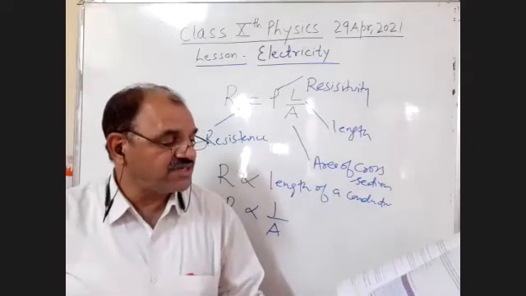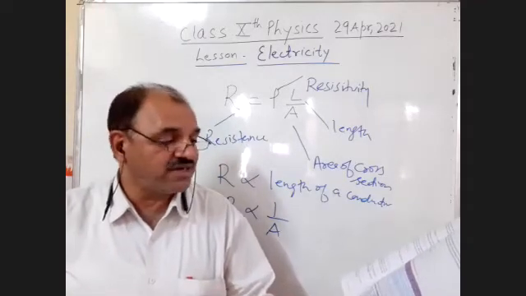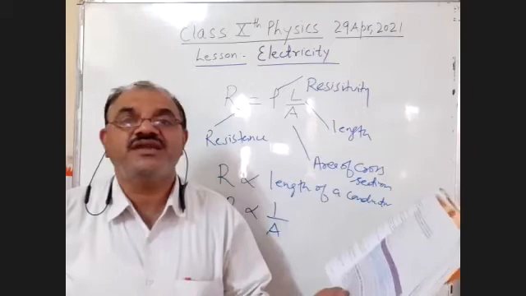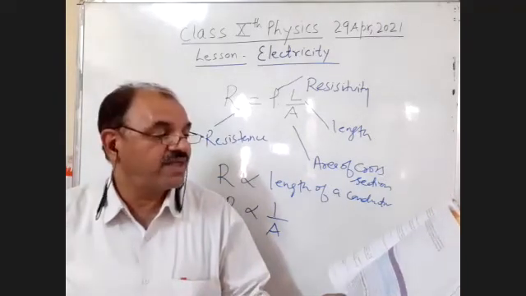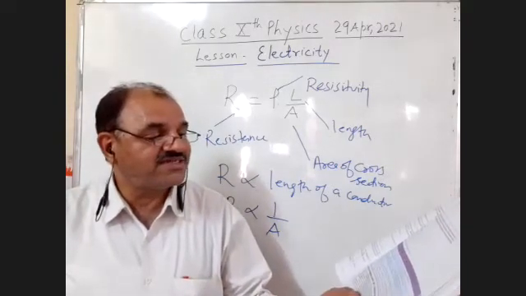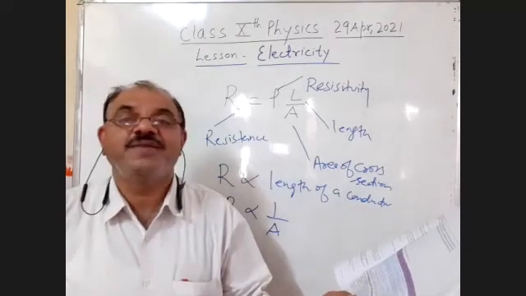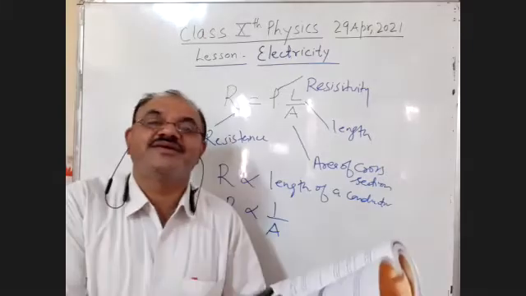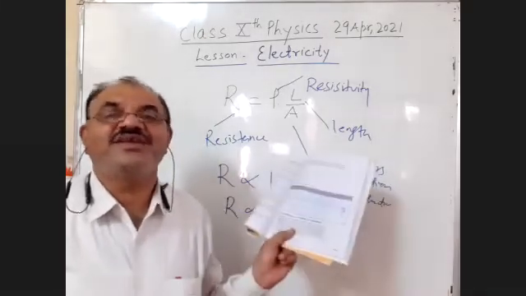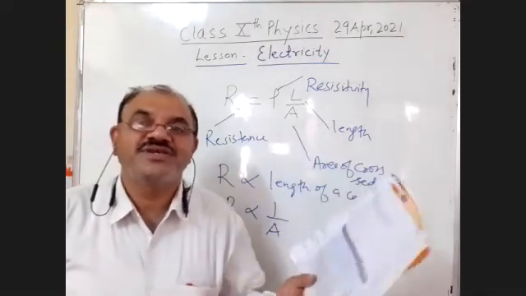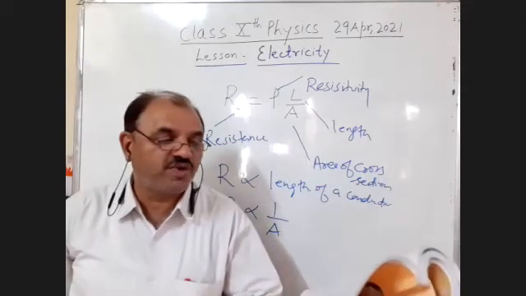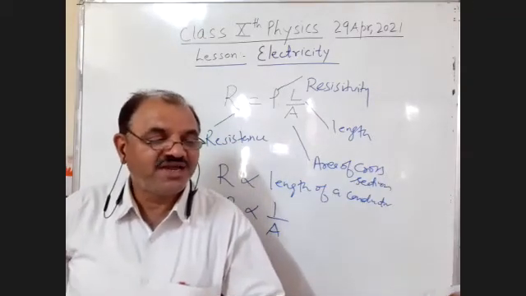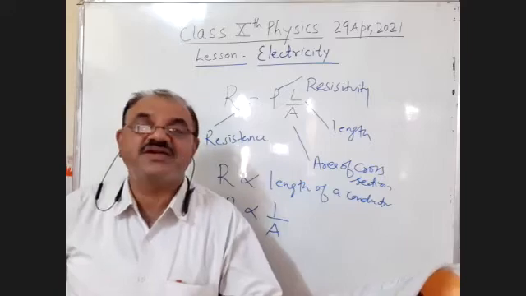First question, question number 1 on page number 209 of your NCERT book: On what factors does the resistance of a conductor depend? Before this question starts, I've already written the answer.